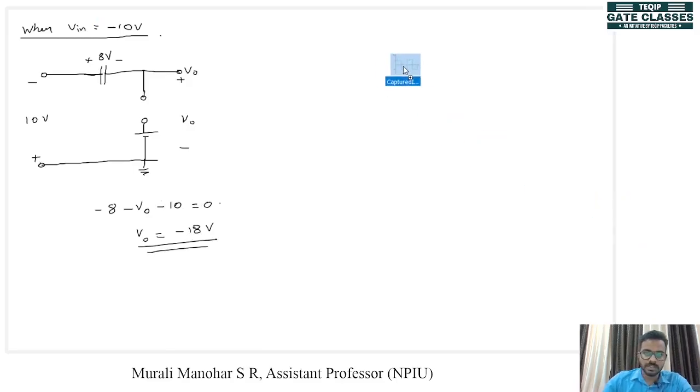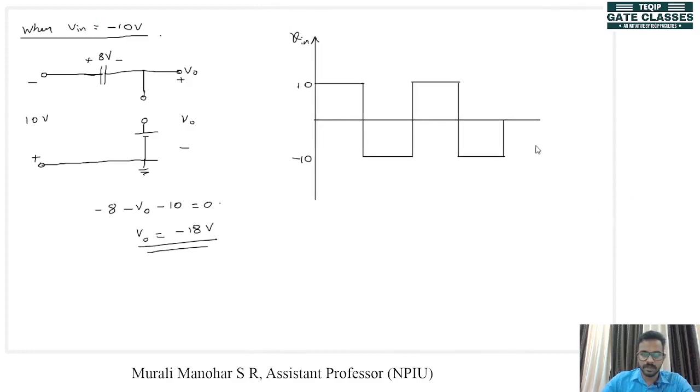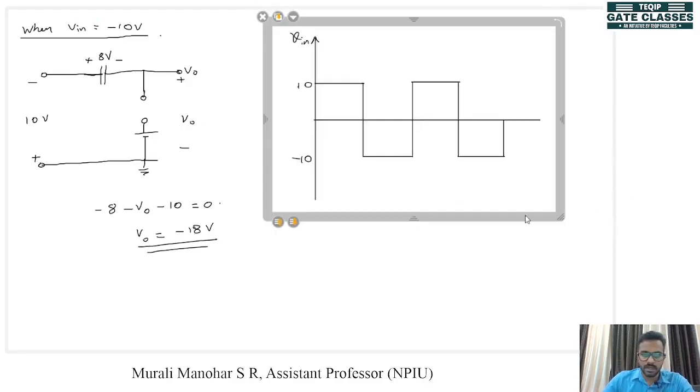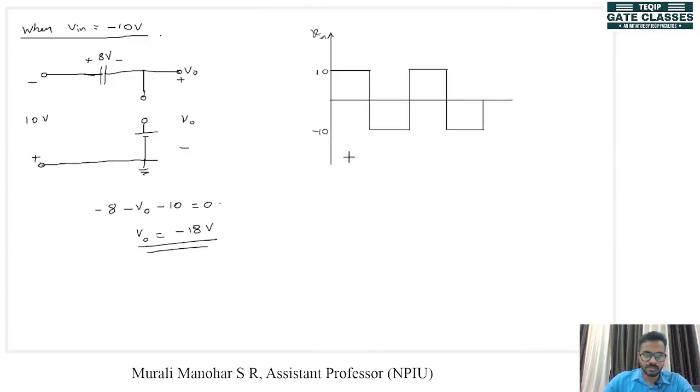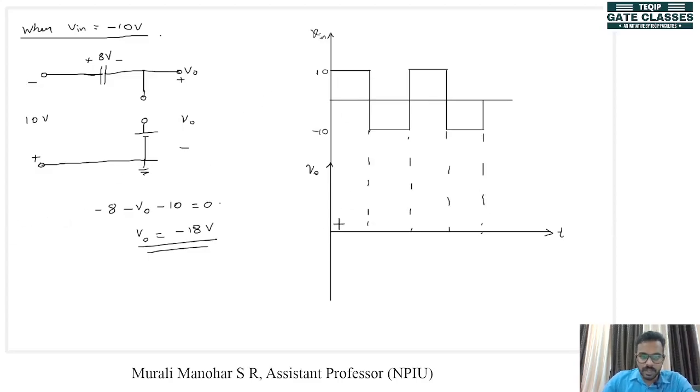Now this is our input. And if we draw the output, when V in equal to 10 volt, V out is equal to 2 volt.